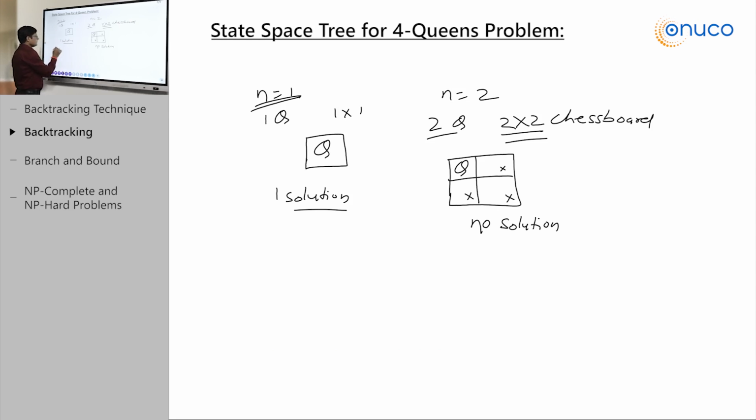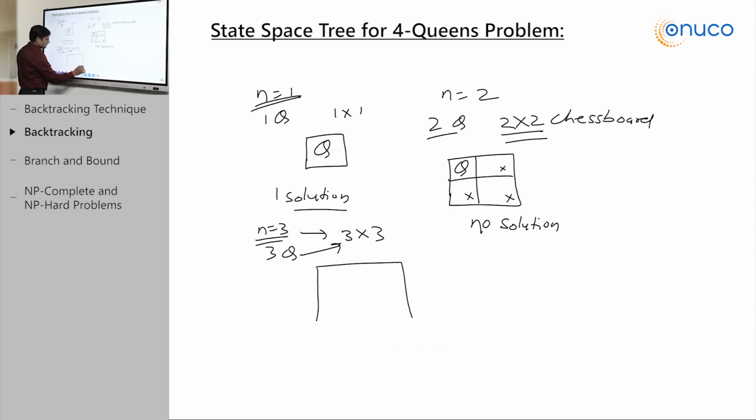Let us see the third case, when n is equal to 3. If n is equal to 3, what will be the chessboard? The chessboard will be 3 cross 3, and we are going to place 3 queens on the chessboard. So 3x3, 3 rows, 3 columns.